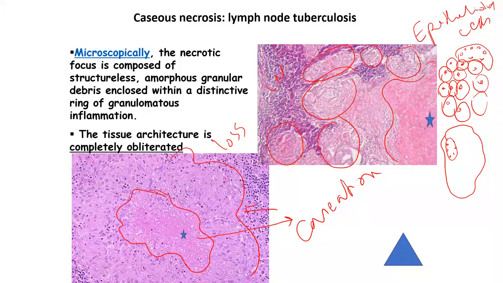So it shares the loss of architecture with liquefactive necrosis. Okay, so this is the microscopic picture of caseous necrosis.